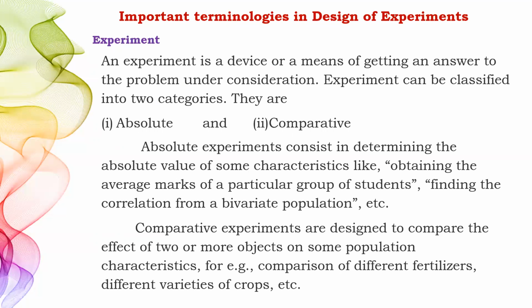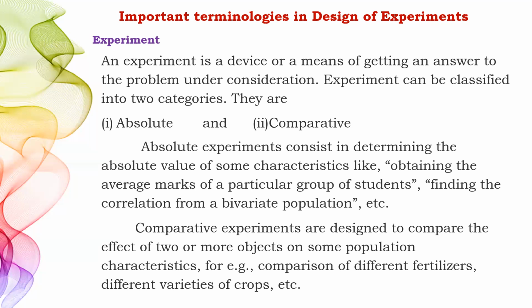The first one is absolute experiment, which means it consists in determining the absolute value of some characteristics, like obtaining the average marks of a particular group of students or the finding of correlation from a bivariate population.